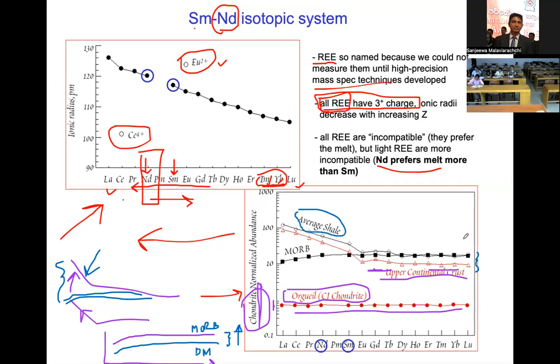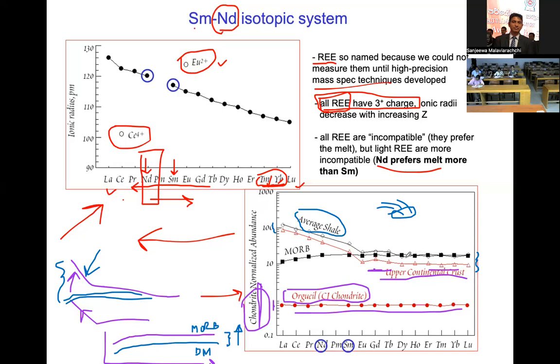And the relative abundance between those two will be higher because the shale represents the eroded material from the continental crust, and it accumulates more and more rare earth elements. Okay, coming from the continental crust. So therefore you will see this type of a difference.